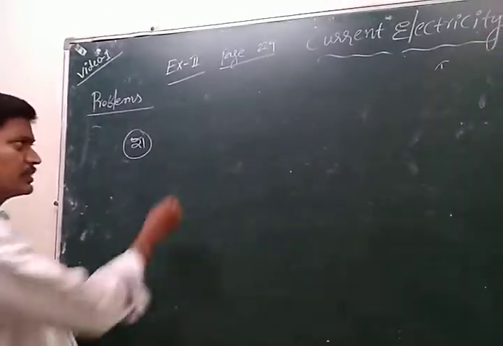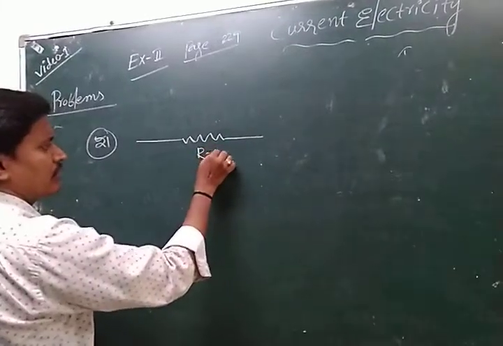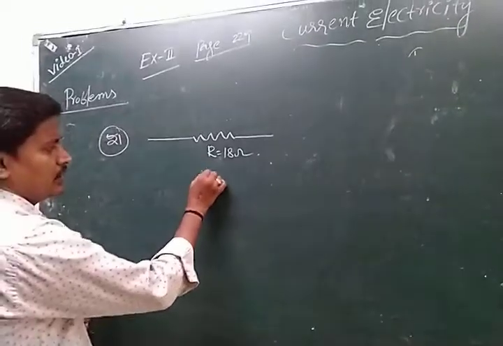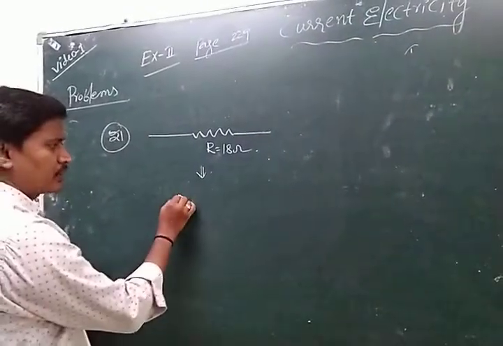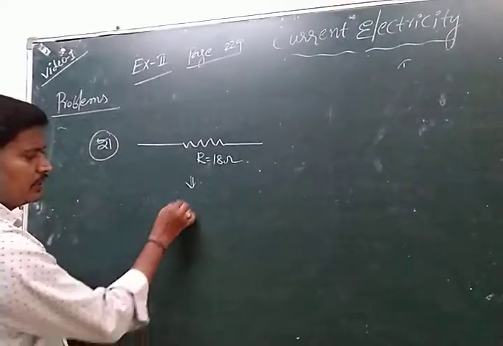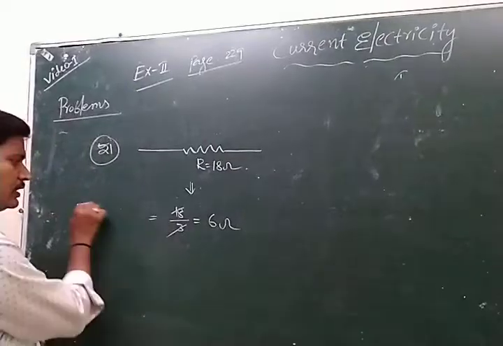A wire of resistance 18 ohm is cut into 3 equal parts. 3 equal parts means 18 by 3, therefore 6 ohms each part.